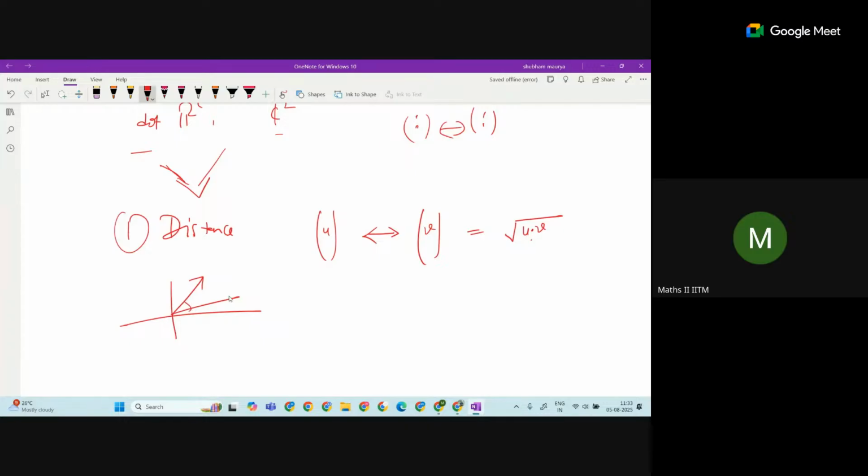Did you ever think what is the angle between these two vectors, u and v? So now these definitions started coming to your mind. If it is already coming to your mind, that's a good thing. The angle between these two vectors is given by cos theta, which is equal to u dot v, and the norm is there.